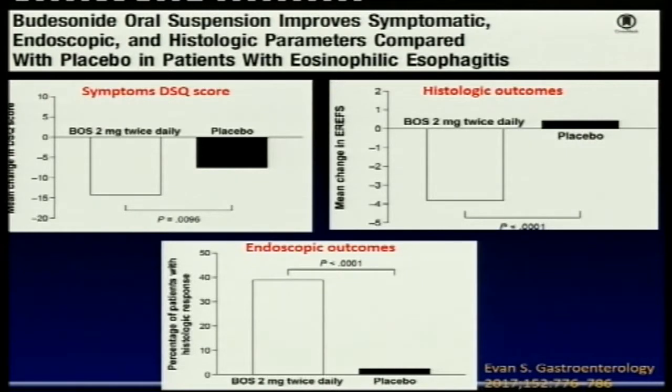The other question is what kind of steroid? We have some data that budesonide oral suspension improves symptoms, histology, and endoscopic findings compared to the placebo. So it is one of the drugs of choice for eosinophilic esophagitis.